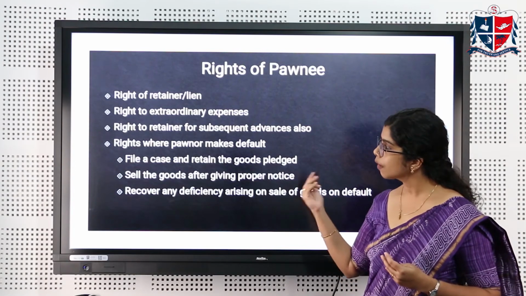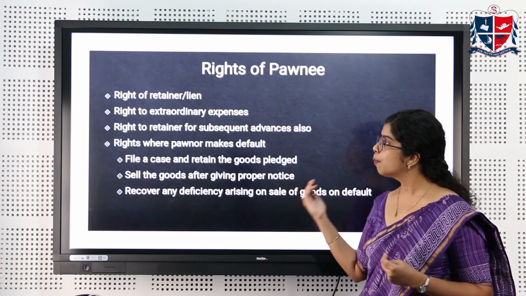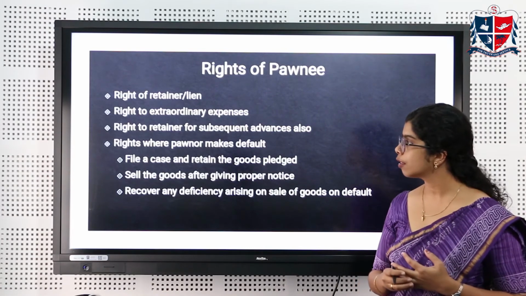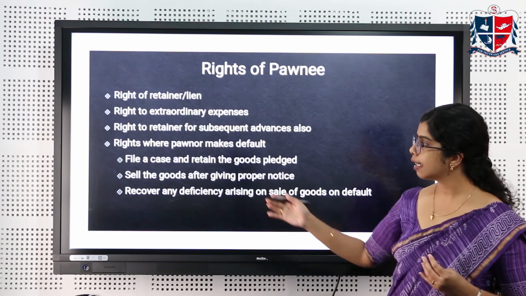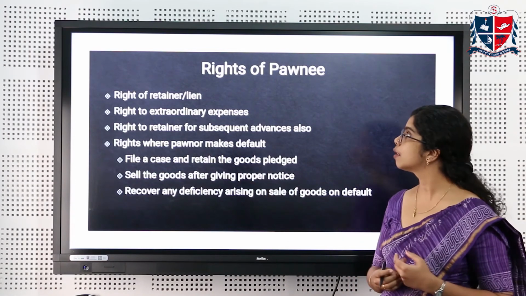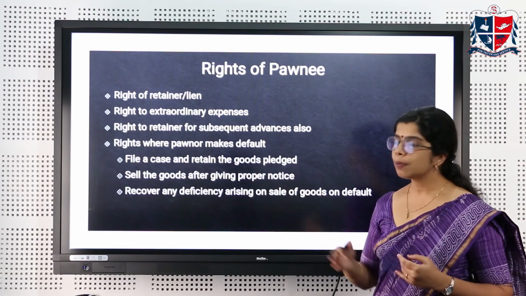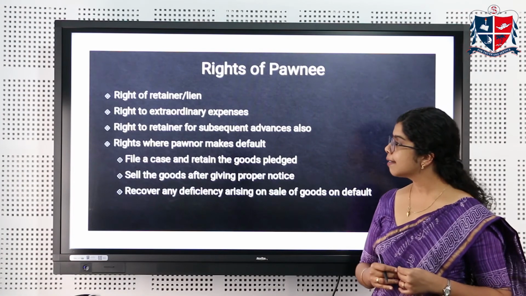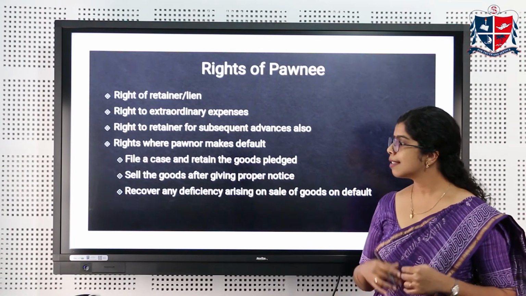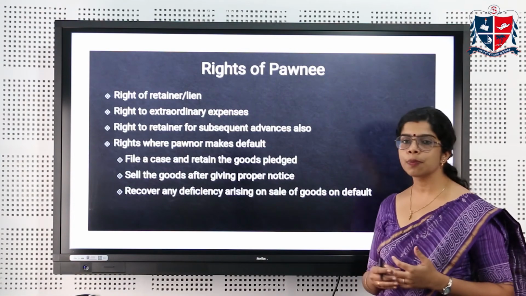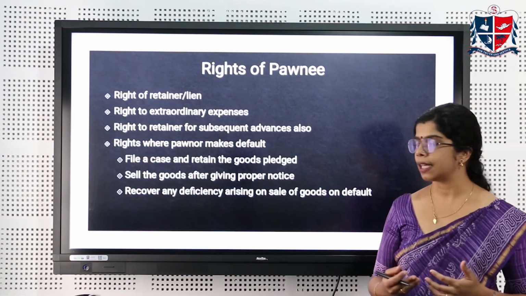Next would be the rights where the pawnor makes a default. In case the pawnor makes a default, there are 3 remedies applicable to the pawnee. Number 1, file a case and retain the goods that have been pledged. Number 2, sell the goods after giving proper notice to the pawnor or pledger.